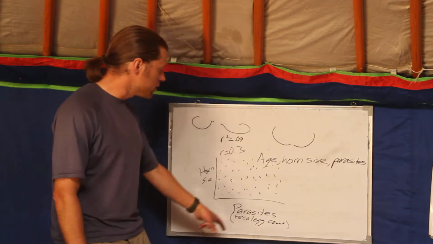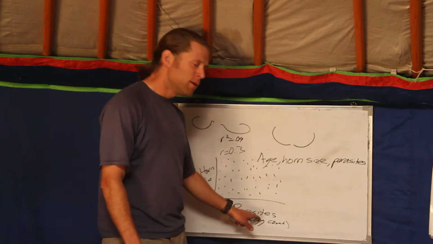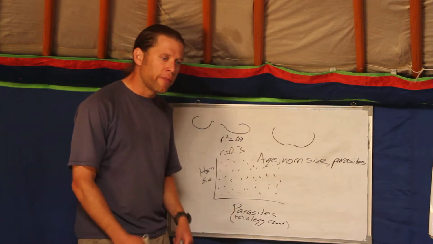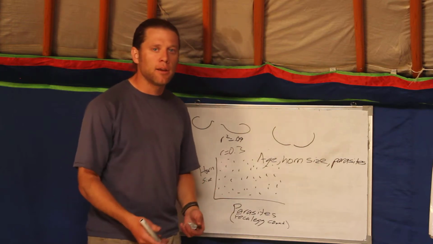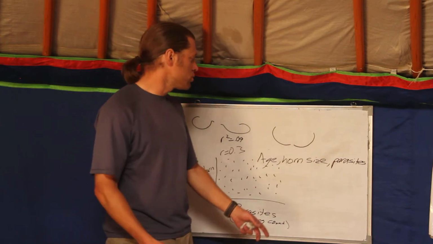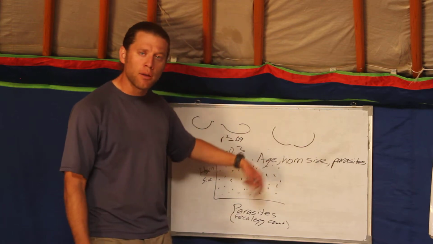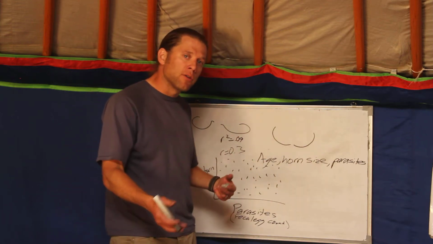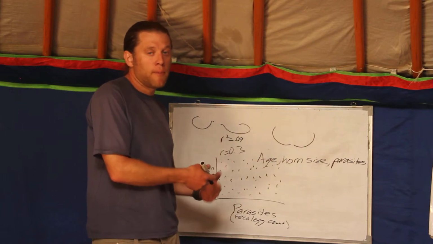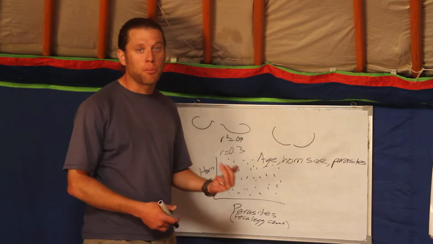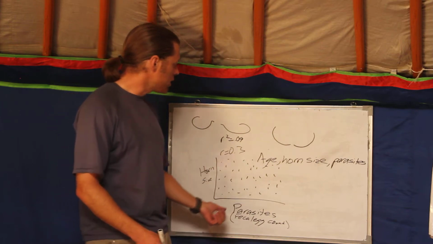And even if you think about parasites, they only measured parasites that they had that day. Parasites that they had that day itself had no causal relationship to horn size. If parasites have a relationship with horn size, it would be parasites that you had in the past, but they had no way to measure parasites in the past. They just had ways to measure parasites today.